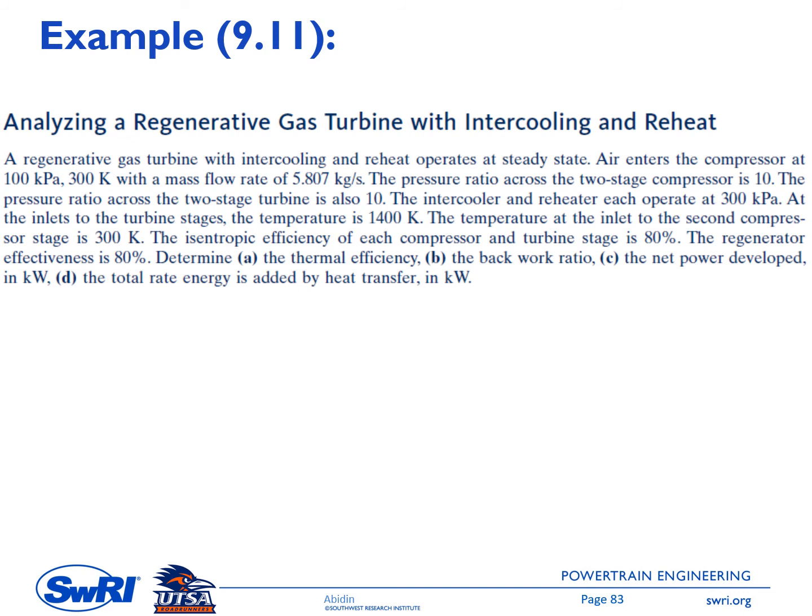The regenerator effectiveness is 80%. The questions: determine the thermal efficiency, the backwork ratio, C is the net power developed in kilowatts, and D is the total rate of energy added by heat transfer in kilowatts. Let's take a look at the solution of this example.